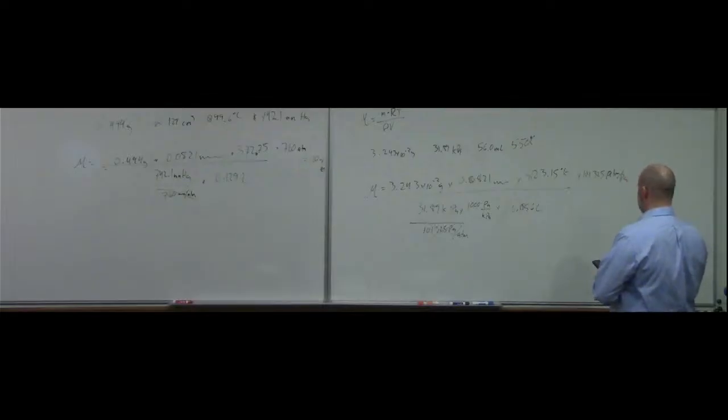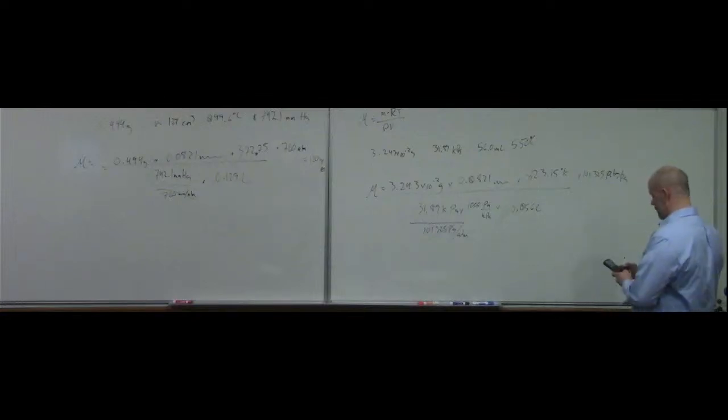0.0821 times 823.15 times 101,325 divided by 31.89 divided by 1,000 divided by 0.056.